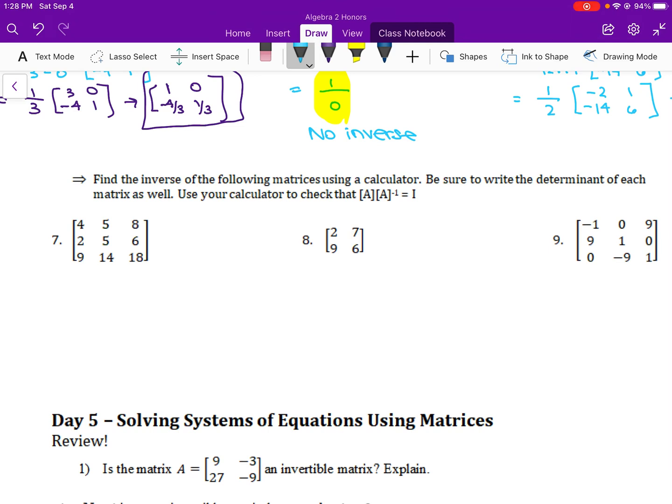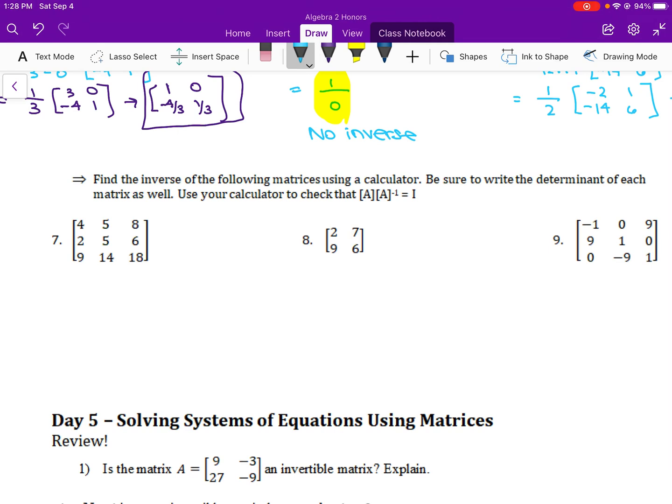Okay, so looking at these matrices here, let's name it first.